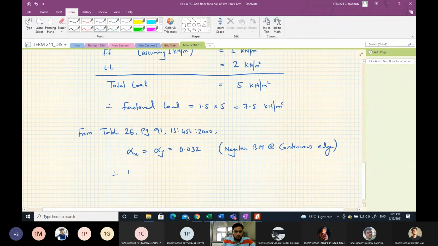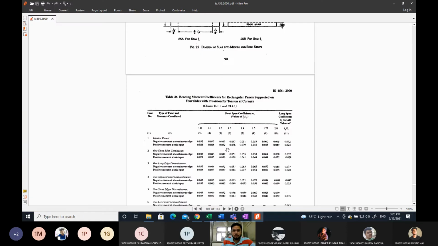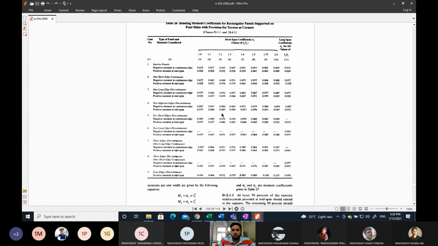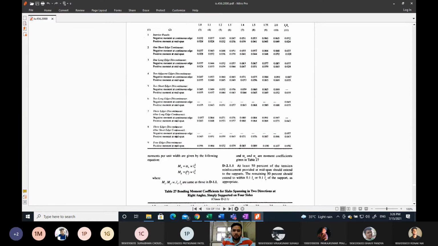So mu x equals mu y, which will be equal to 0.032. mu x equals alpha x times w lx square, and mu y equals alpha y times w lx square.